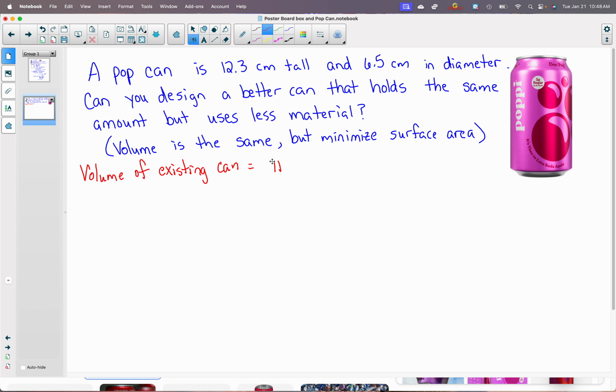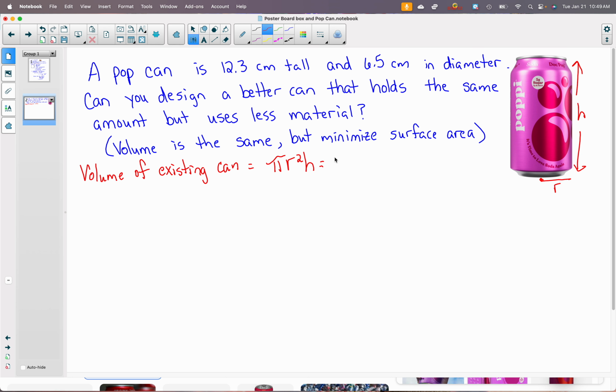If we take pi r squared h, because that's the volume of a cylinder, pi r squared is the area of the base times the height of the can. So we would need the radius, and then we have the height here. So that's how you find the volume.